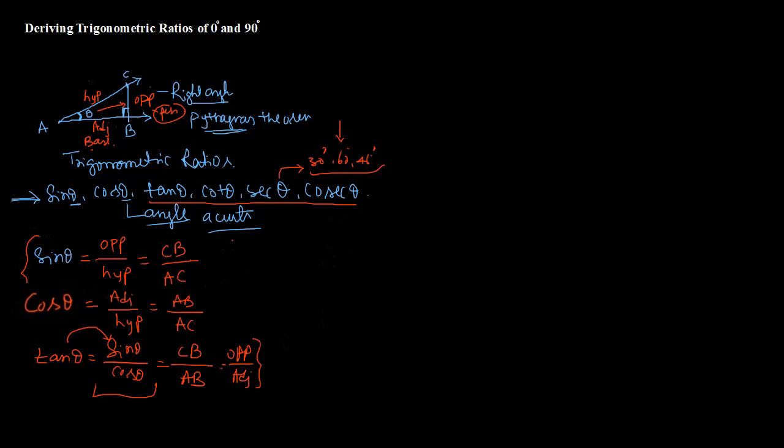Now we'll keep this aside and try to find the value for 0. This is for 0 degrees. If I take the same diagram, this is theta and that is B, and there is a perpendicular drawn from another ray for that angle. To find 0, that means theta equals 0.